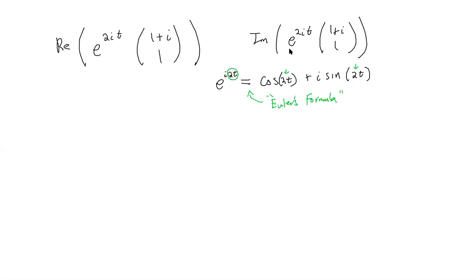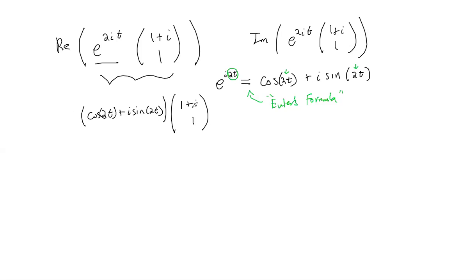Okay, so then we can just expand e^(2it) in terms of cosines and sines. So this equals cosine 2t plus i sine 2t. We're multiplying it by (1 + i, 1). And so we can just break this up into imaginary and real parts.